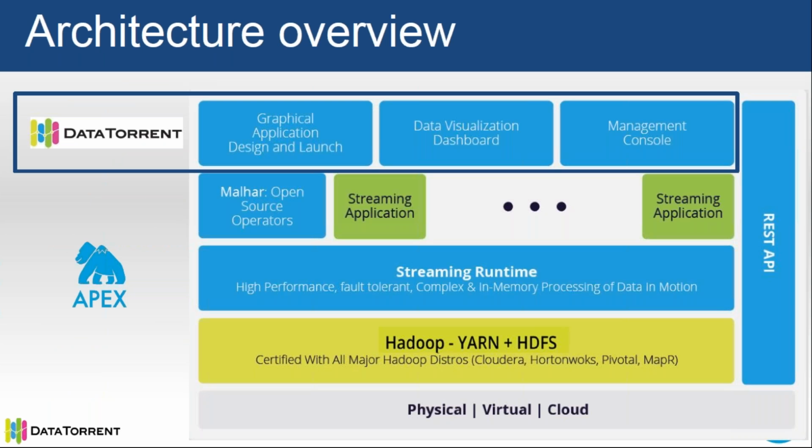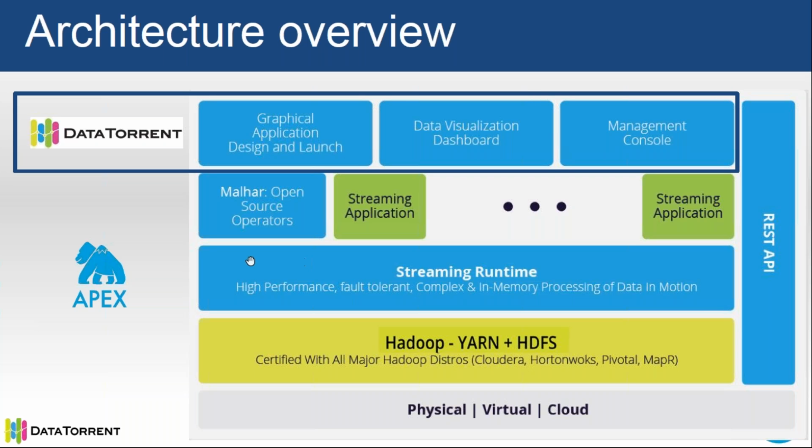So overall, this is how the architecture looks. At the bottom we have either physical machines, cloud or virtual machines. On top of it, you install Hadoop, which could be any distribution of your choice. And on top of Hadoop, we basically use the YARN and HDFS services. On top of it, we have the Apex runtime engine, the streaming runtime engine which you see here.